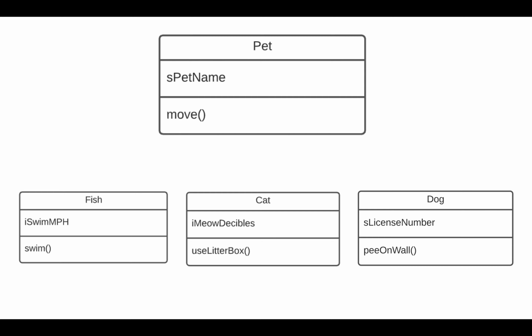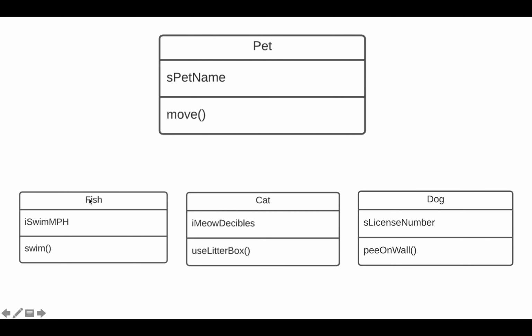In this case, for example, we could have this idea of a pet, and a universal set of attributes of pets would be that they each have a name and that they all can move. Now let's talk about pets at my house. There are particular versions of pets at my house that have all of those attributes, but then depending on the type of pet it is, it has other unique attributes and behaviors.